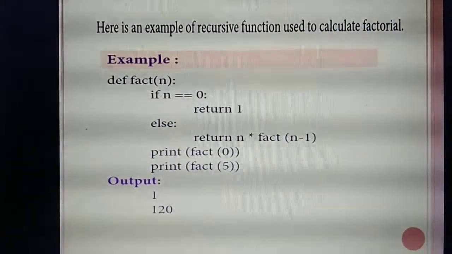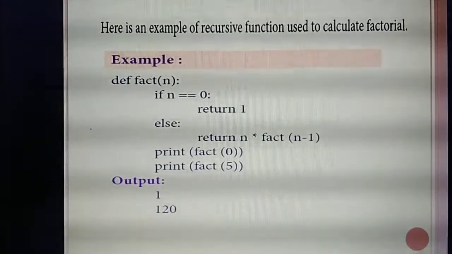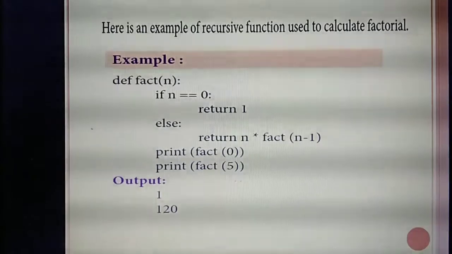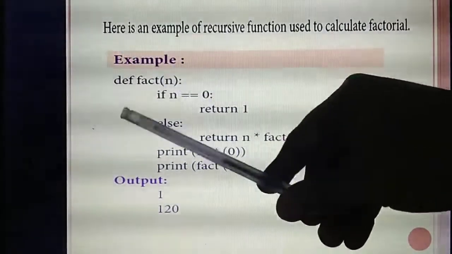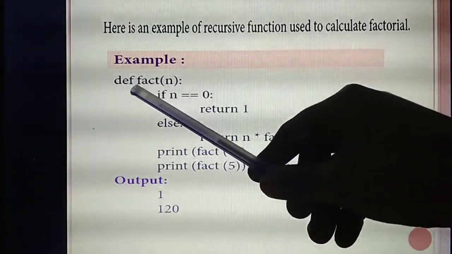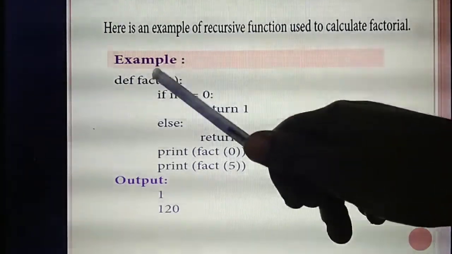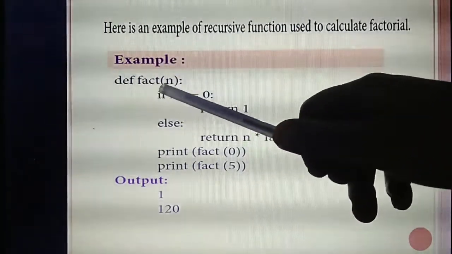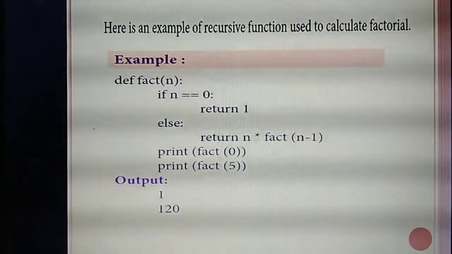This is the best example. Last year also you studied a program to calculate factorial, and this year also they have given it. You are going to calculate the factorial of a number. For that, a function always starts with the keyword def. Then what is the function name? fact. Inside, you give one argument, n.